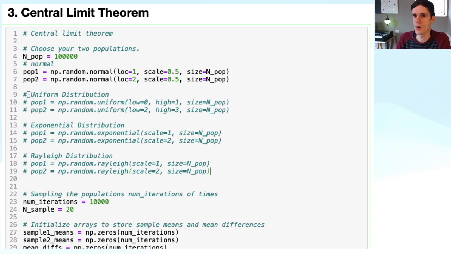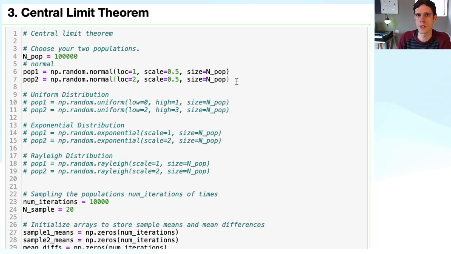Here we see that there are different populations that we can generate, each with a different distribution. We have the uniform distribution, the exponential distribution, and the Rayleigh distribution. Where all of these distributions come from and which real-life scenarios they represent, we will see in detail in the next chapter.